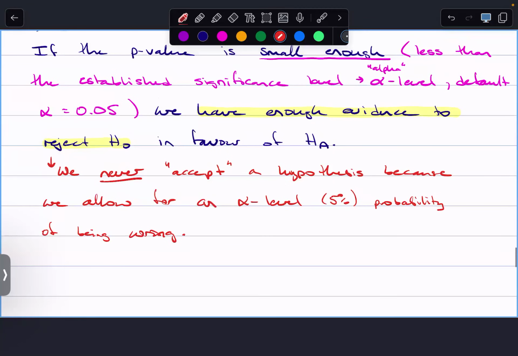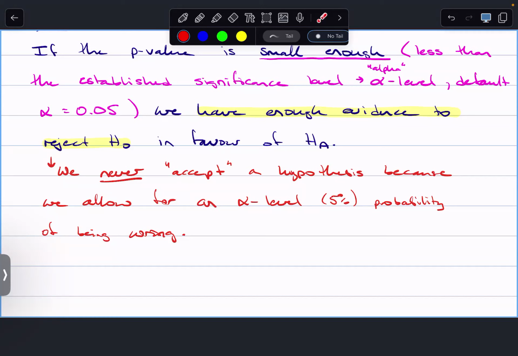It's also really important that you don't talk about the alternative hypothesis, because we did all our testing assuming that the null hypothesis was true until we had proof otherwise. So your conclusion has to be: do you have enough evidence to reject H naught, or do you not have enough evidence to reject H naught?